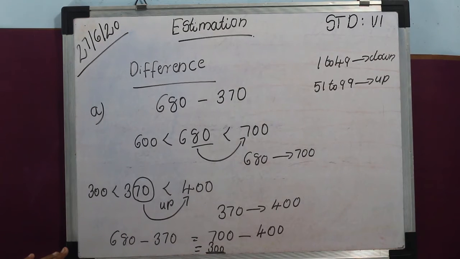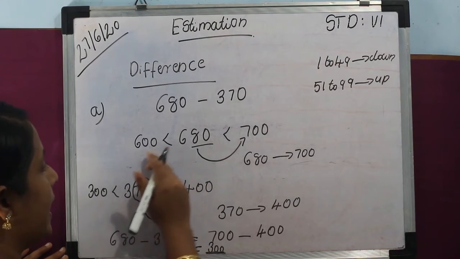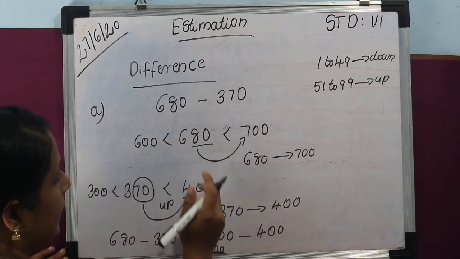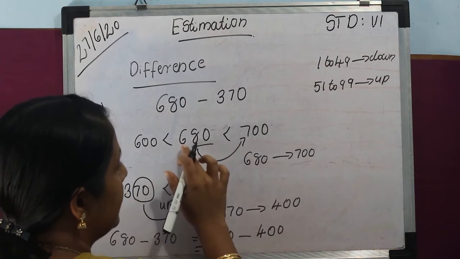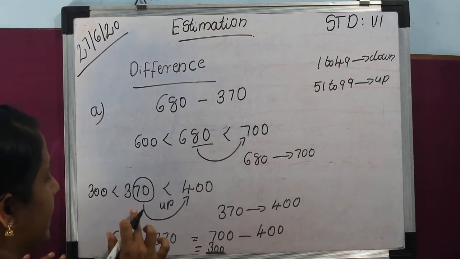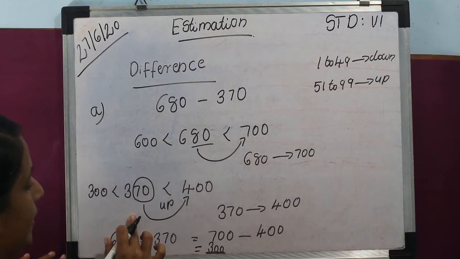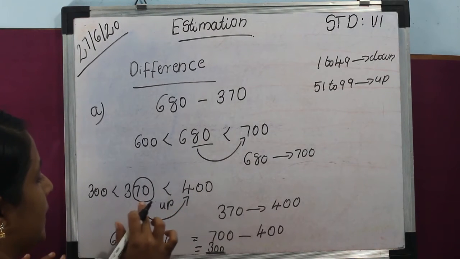Once more, our question is 680 minus 370. We know that 680 lies between 600 and 700. Next we take the number 80. 80 is rounded up to the next number. So 680 is rounded up to 700. The next number is 370. We know that 370 lies between 300 and 400. Next we take the number 70.